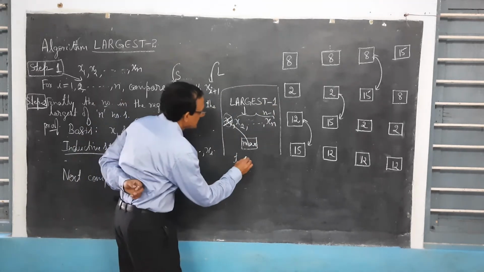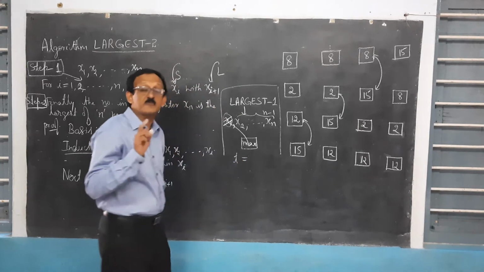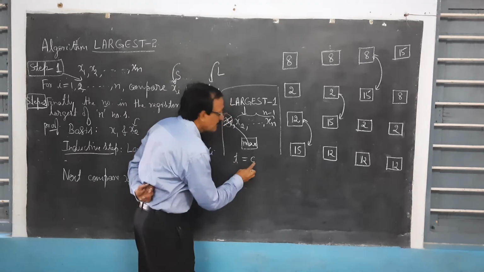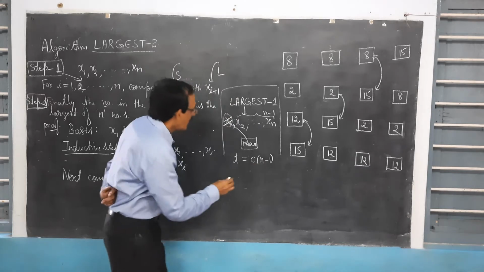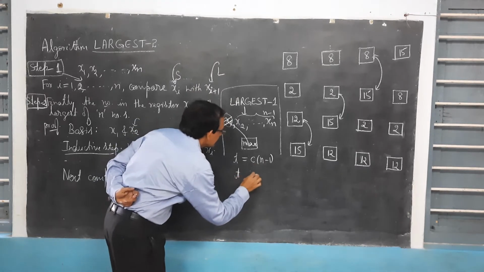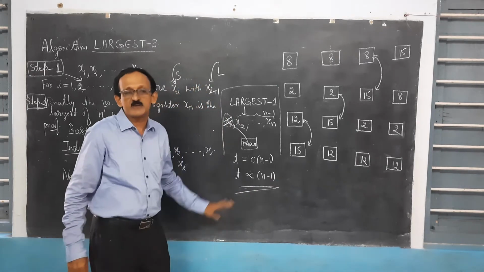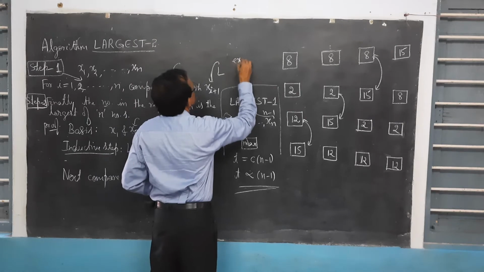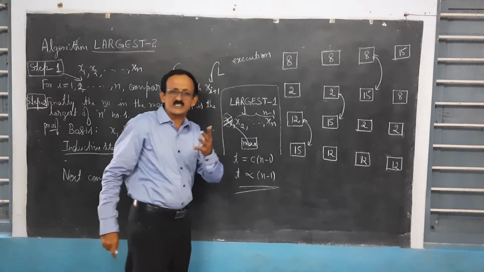So your time complexity is, if the time taken for one comparison is C, then the time taken for all the comparisons is C into n minus 1, or the time complexity is proportional to n minus 1. Execution means carrying out the instructions, do this, do that.